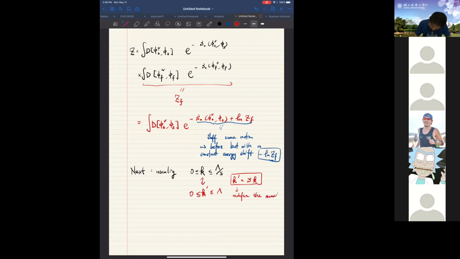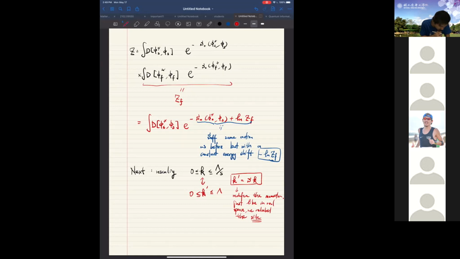That's just like in real space, where we relabeled the site index. So this is the same spirit as before. Okay. So far so good.